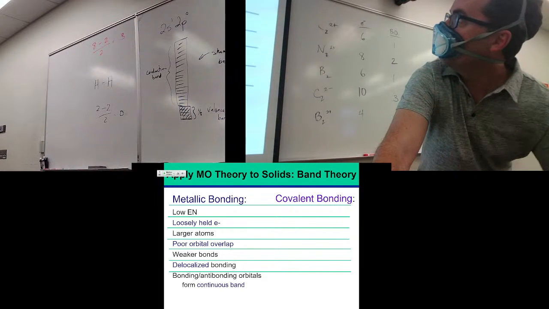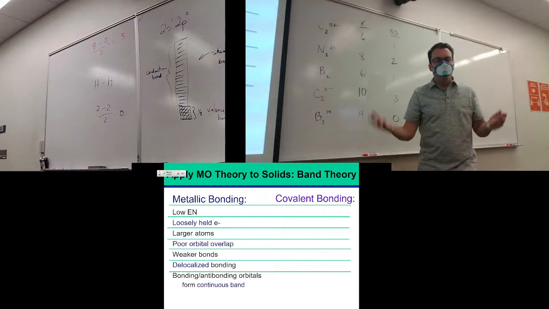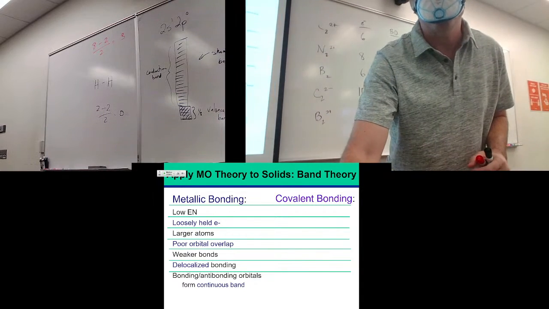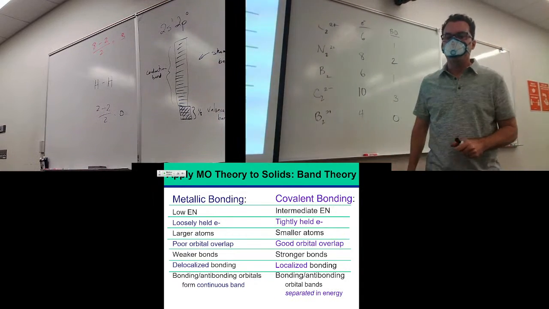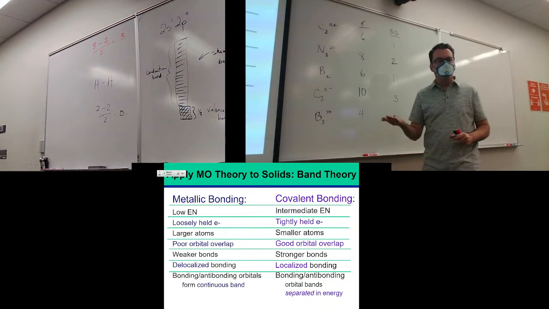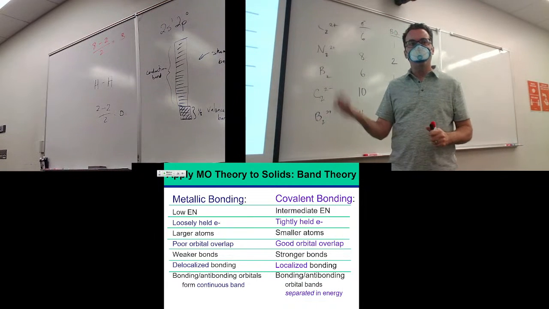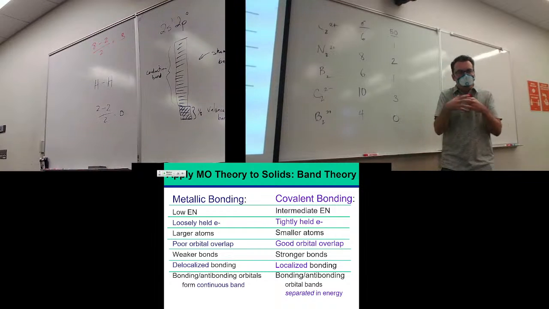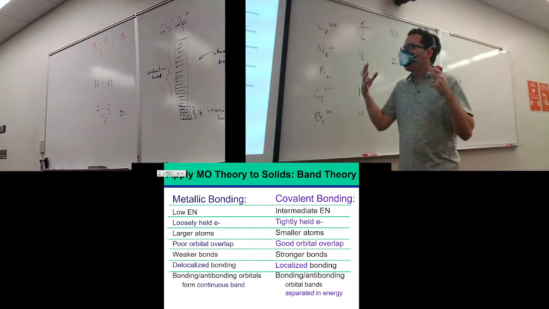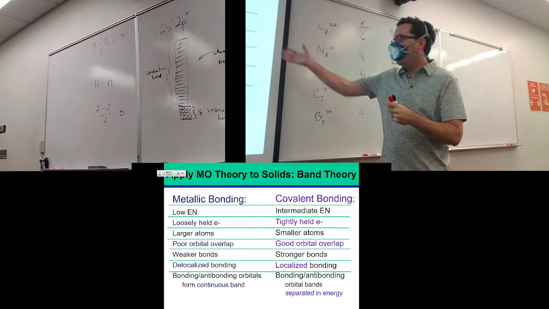So how does this differ from covalent bonding? If we try to do covalent bonding with these multiple atoms, like in diamond, for instance, what happens? Well, that only happens with smaller atoms generally, with higher electronegativity. They tend to have tightly held electrons. The orbital overlap is much, much better, and so the bonds are stronger.